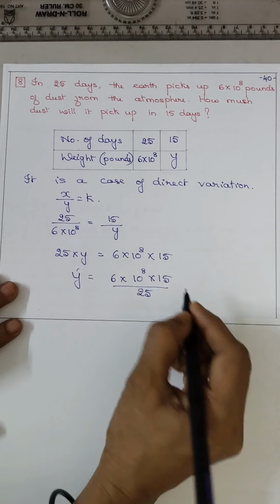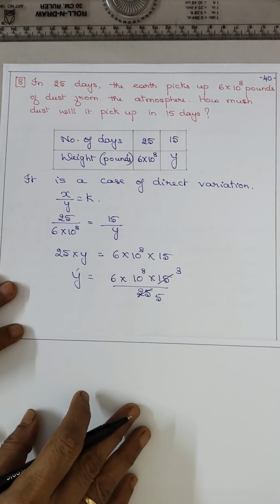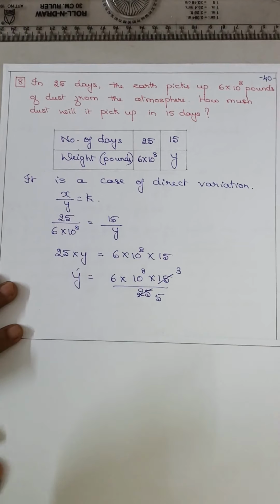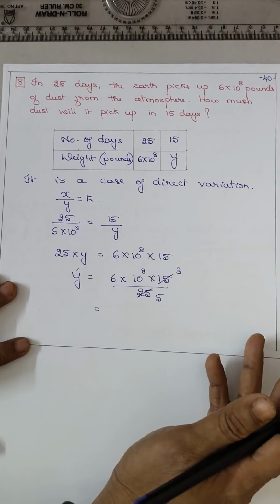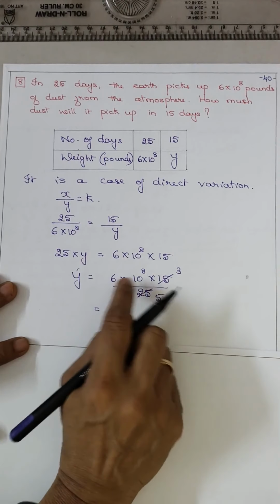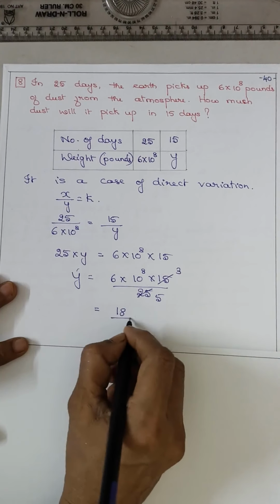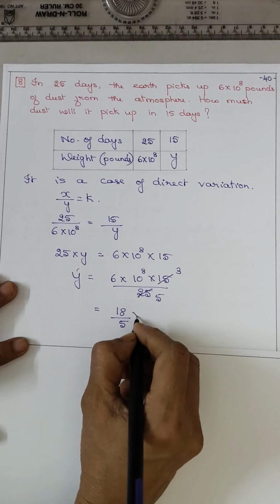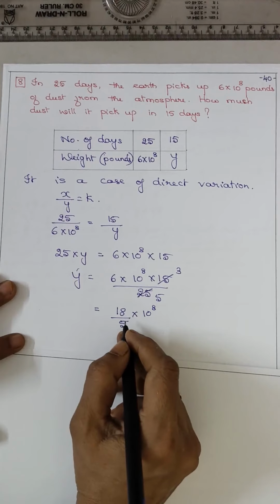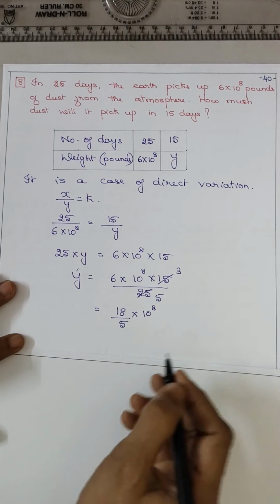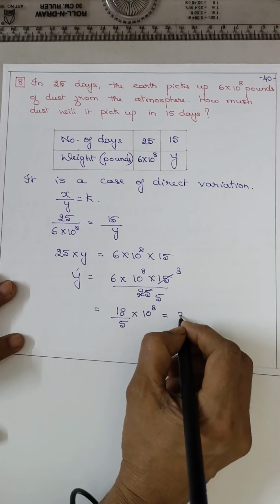25. 5 3s are 15, 5 5s are 25. अभी 10 to the power 8 है, उसको कुछ मत करो, आप लोग ये मल्टीप्लाई करो, आगे कटिंग नहीं है, कैंसलेशन नहीं है. 6 3s are 18 by 5 and in the numerator it is 10 to the power 8. अभी इसको हम डेसिमल में लिखेंगे. कैसे? 5 how much is 18? 5 3s are 15.